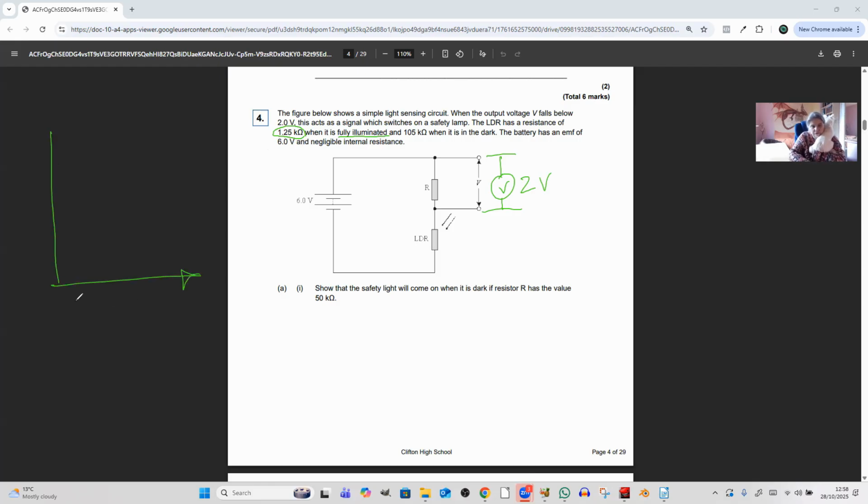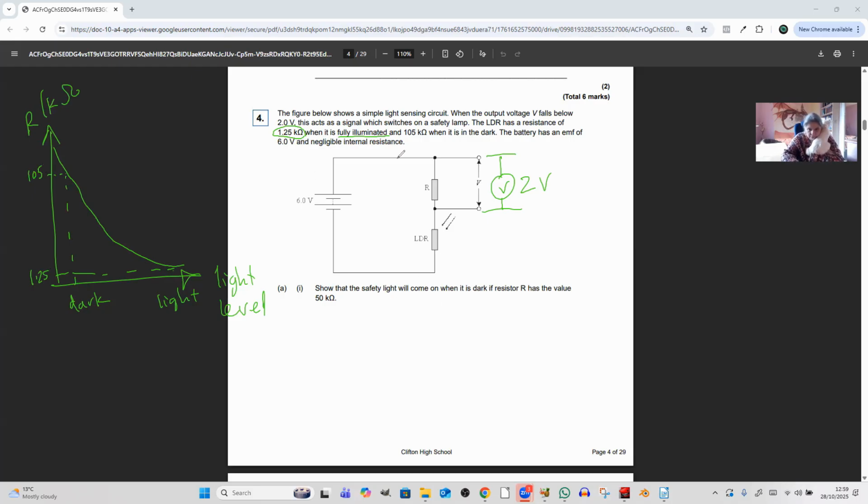Okay, so we've got, this is dark, this is light, so this is light level, and this is resistance, and in the dark it's really high, and in the light it's 1.25, and this is in kilo ohms, and here in the dark it's 105 kilo ohms. Okay, so from 100 down to 1-ish.